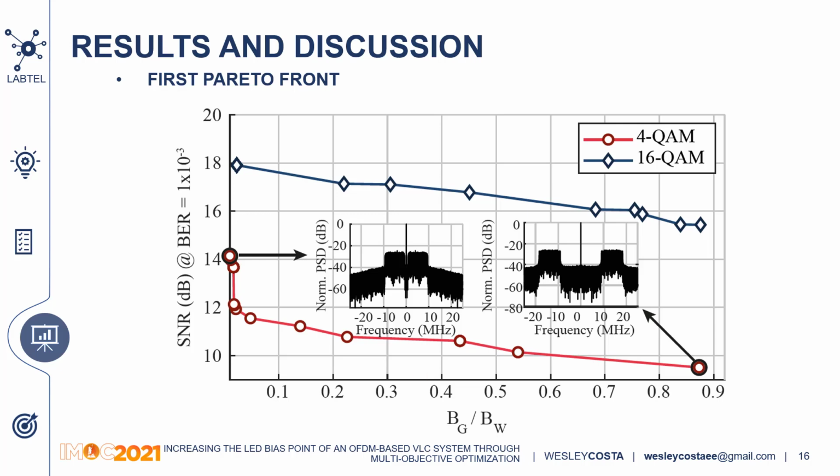It can be seen that the SNR required for a bit error rate of 10 to the minus 3 decreases when the guard band increases. This is explained by the intermodulation distortion caused by the photodetection. This effect is pronounced when the guard band over the bandwidth is 0.05 for 4 km mapping.